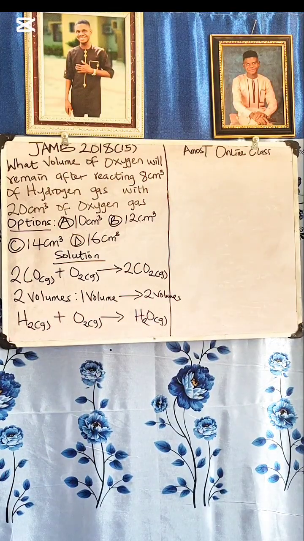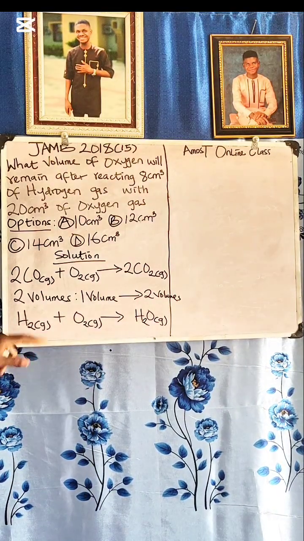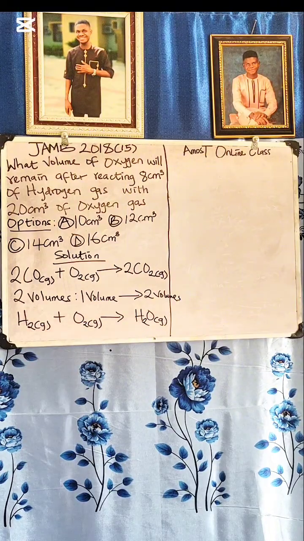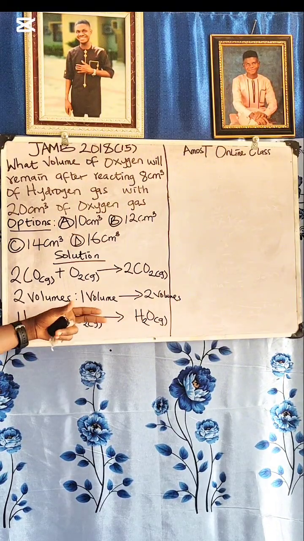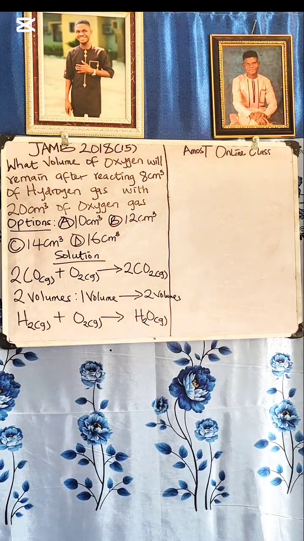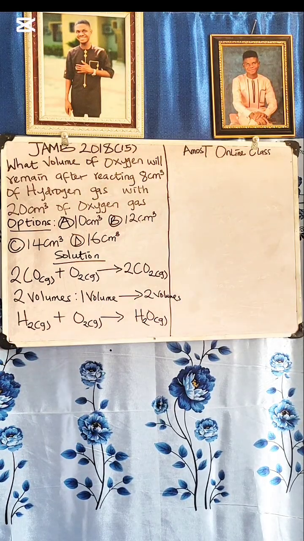Hydrogen gas is reacting with oxygen gas to give us water vapor. This is a chemical equation representing the reaction between oxygen gas and hydrogen gas, but this equation is not balanced.